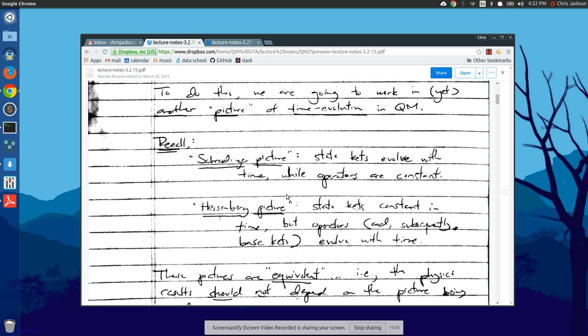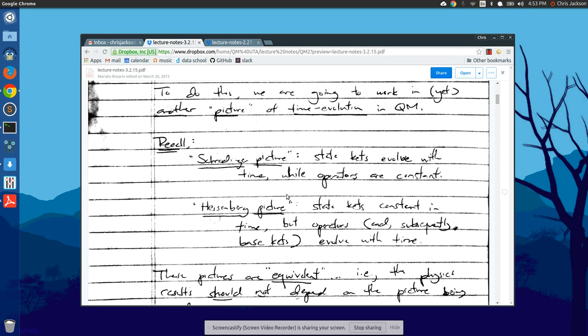This is where you have states being constant in time, but now operators evolve with time. And because operators are evolving with time, it basically leads to the fact that the basis kets themselves have to evolve with time in a way such that they cancel out some of the time dependence in the operators.